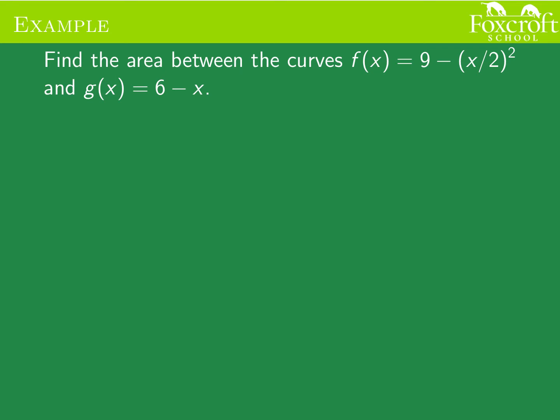All right, so we're going to find the area between the curves f of x equals 9 minus x over 2 squared, and g of x equals 6 minus x. The first thing we do in these problems is draw a picture, because we need to visualize which function is most likely going to be on top. I'm just going to draw a really rough sketch. f of x is a quadratic because of the x squared, and with the minus in front, it's a downward facing parabola starting at 9.